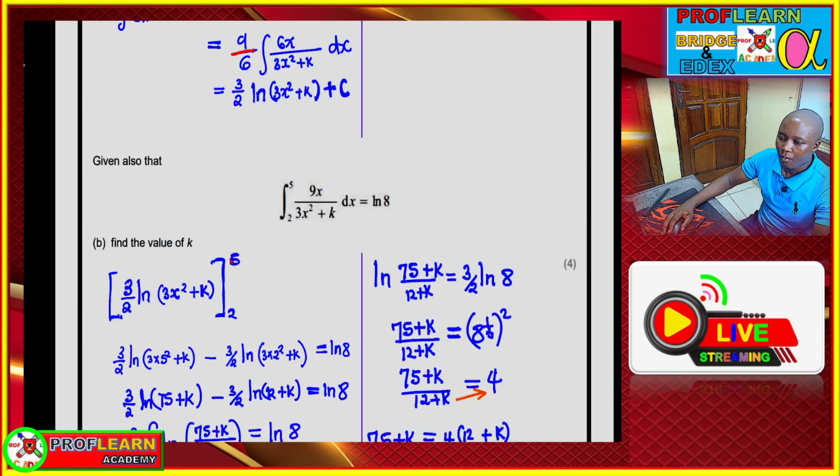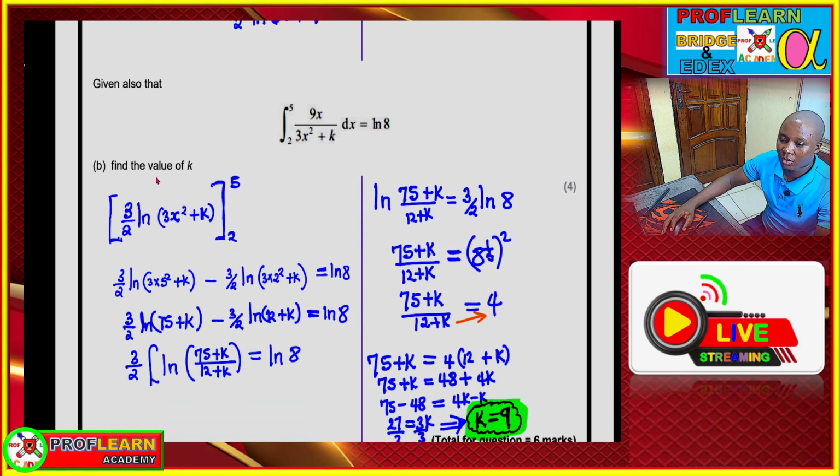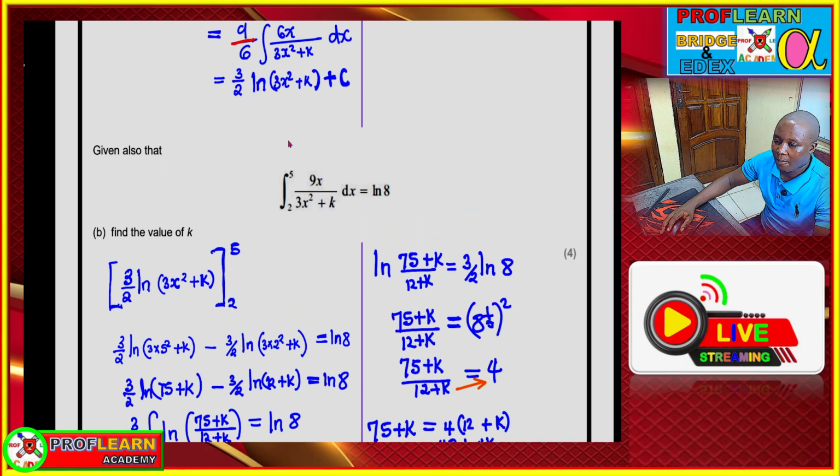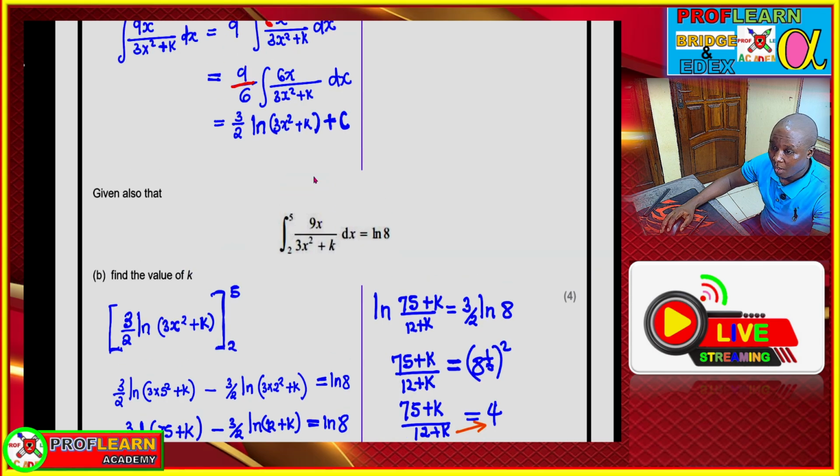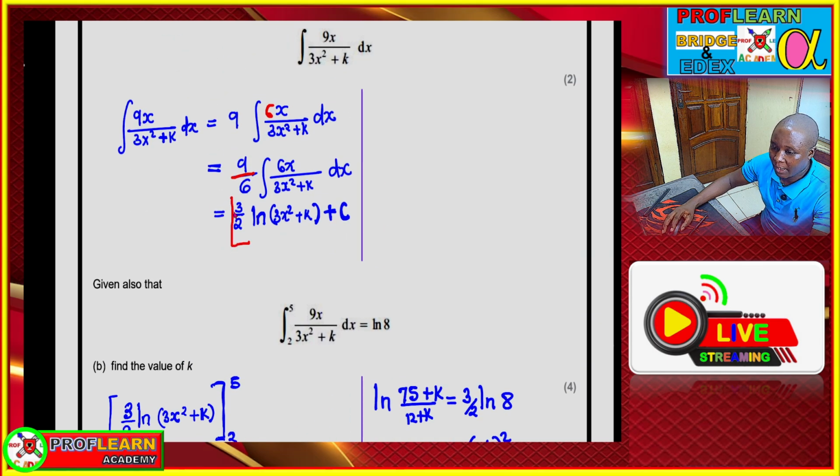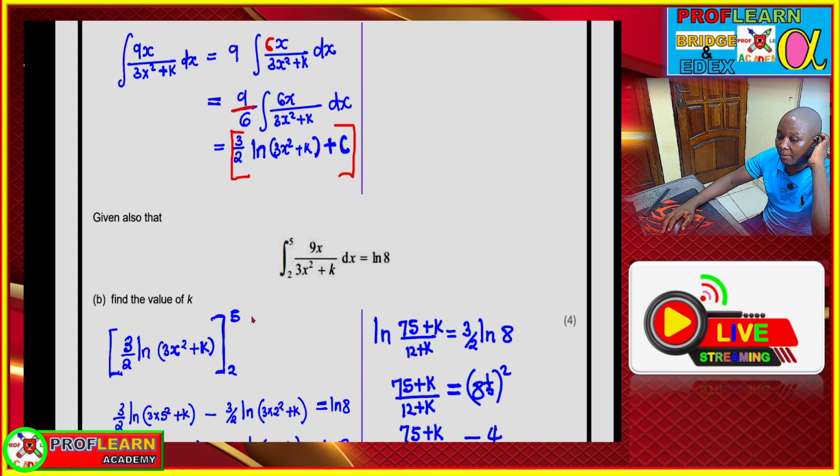So now, given also that the integral of this is equal to ln of 8, because already we have done that particular integration, basically what we're going to do is the introduction of the limits.